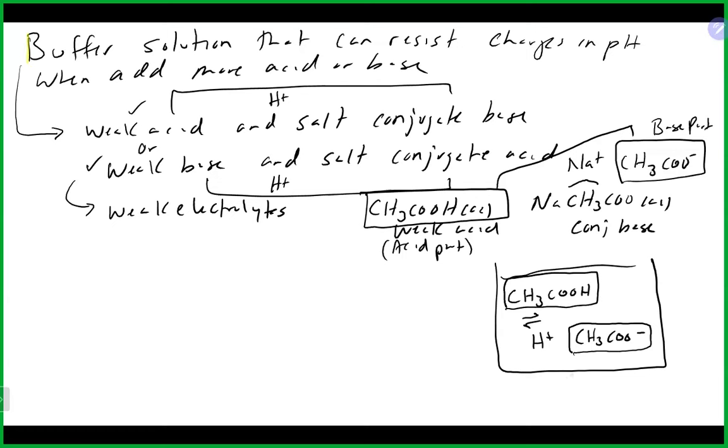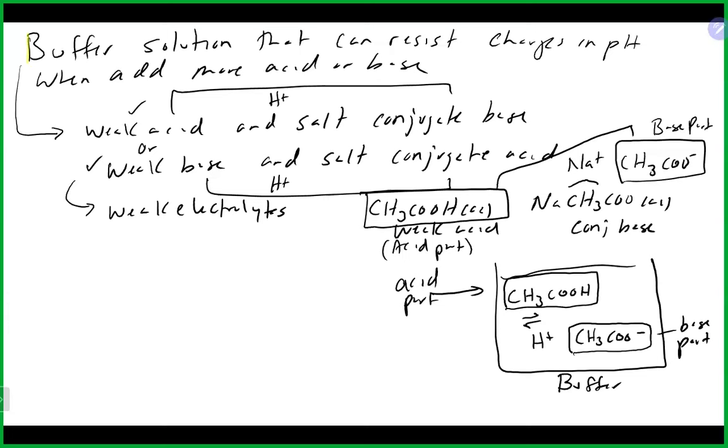And again, this is what's going to make this a buffer. You have this acid part and you have this base part to your buffer. And that's essential for how the buffer is able to keep the pH from going crazy.